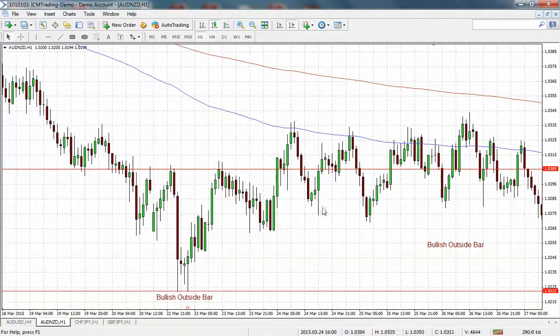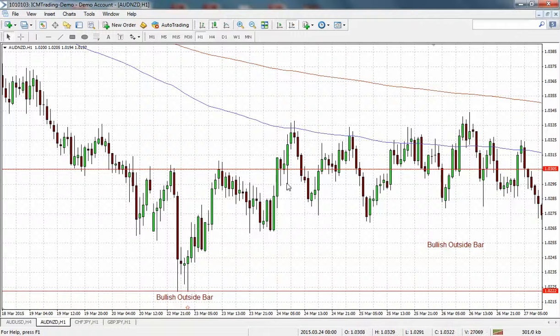It has a nice tail as well. Ideally, you would like to see this bar at the extreme low. So instead of this little bar being here, you would rather see this bullish outside bar completely engulf this one. But nonetheless, it's not in a perfect area, but it's a very nice bar.